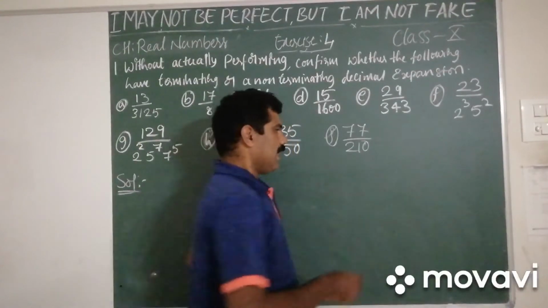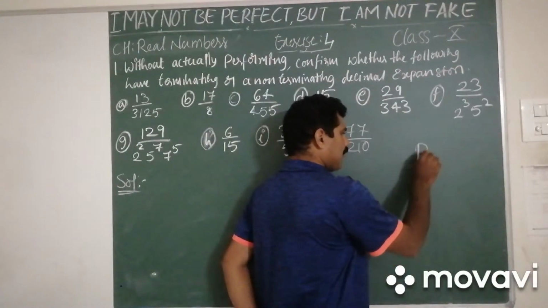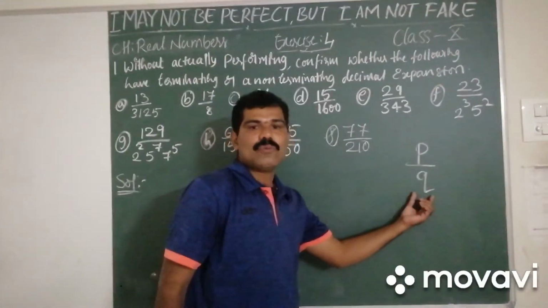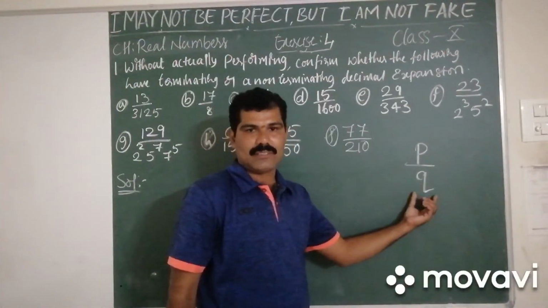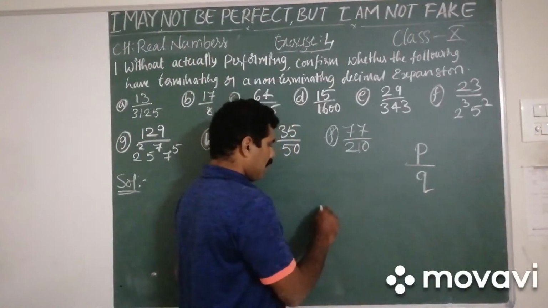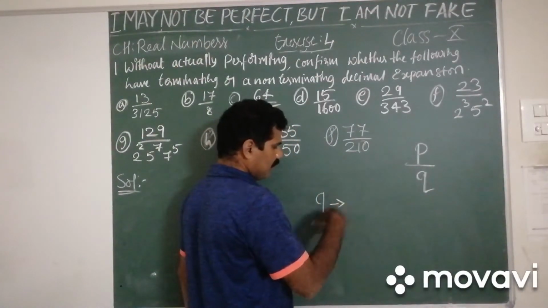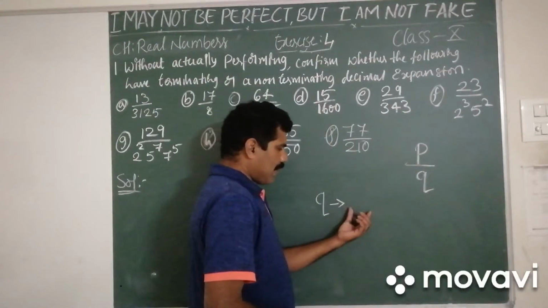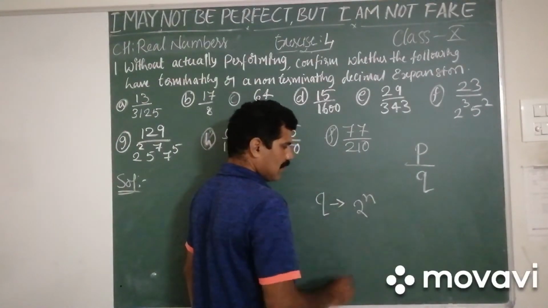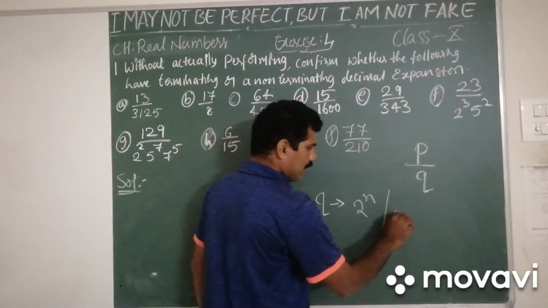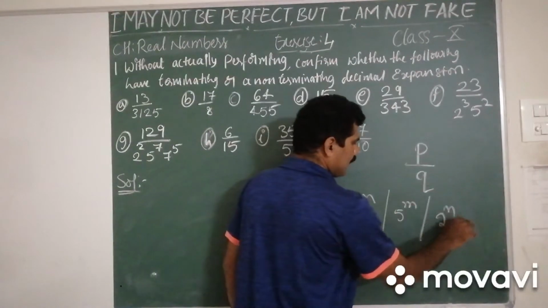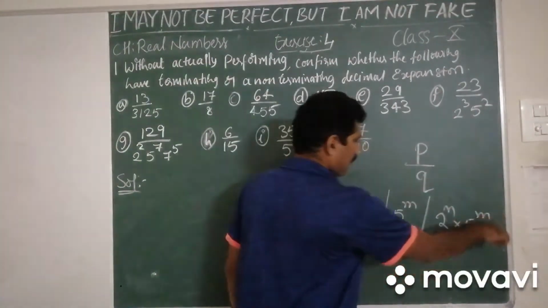See, any rational number can be written in the form p by q. If you do prime factorization of the denominator, the prime factorization should be in the form of 2 to the power of n, or 5 to the power of m, or 2 to the power of n into 5 to the power of m.